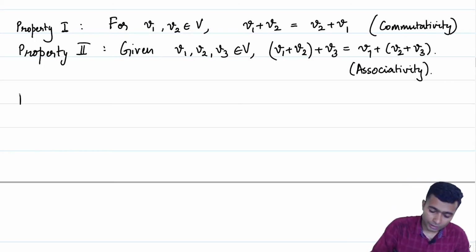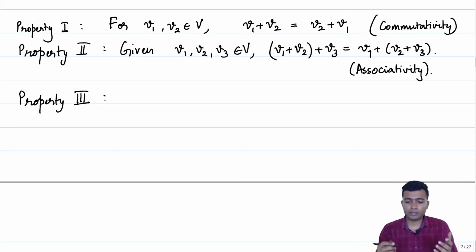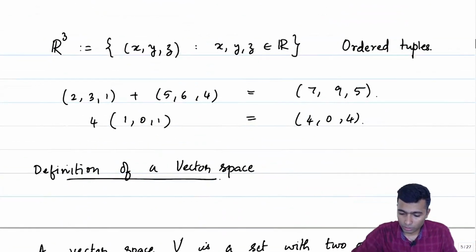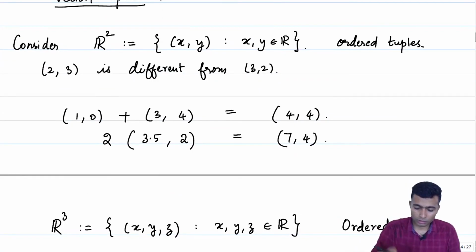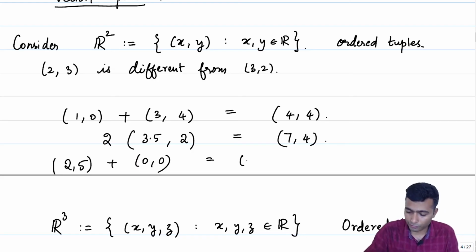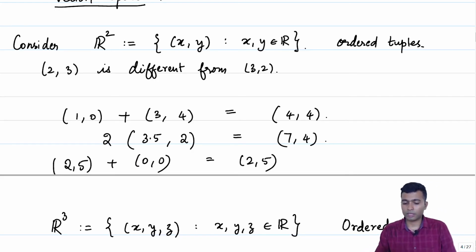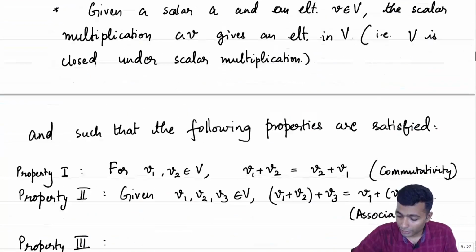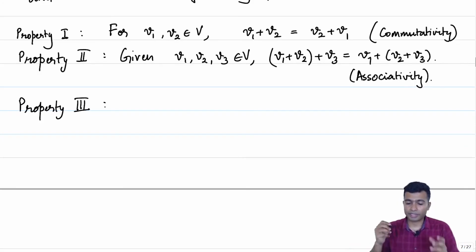Property 3 is the existence of a vector like 0, 0 in R2. If you look at our example, any vector, say 2, 5, if you add it to 0, 0, you get back 2, 5 itself, and this is satisfied for any element in R2. We would like our vector space to always have one such element.